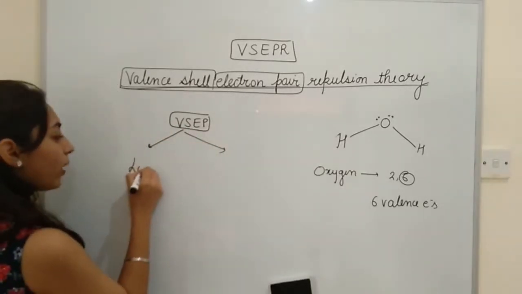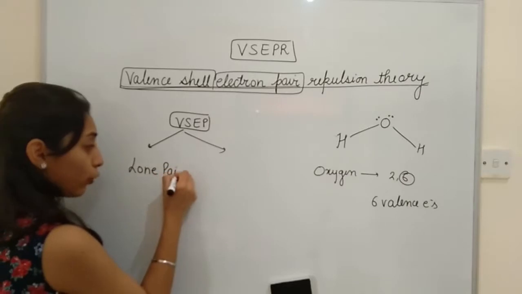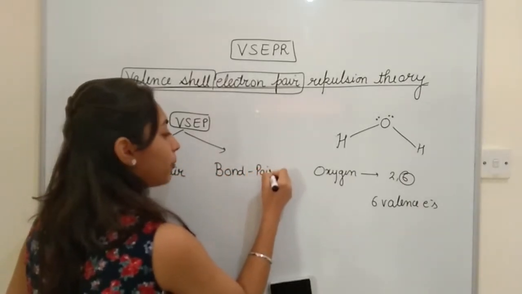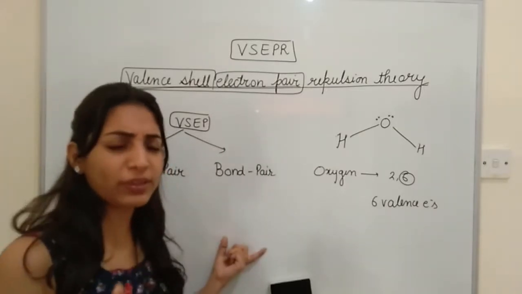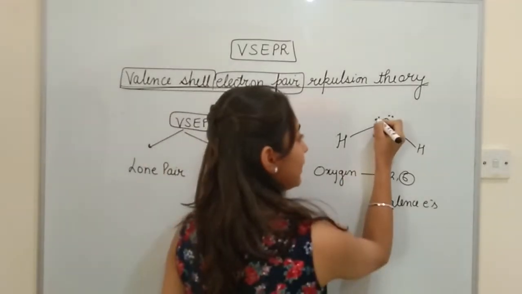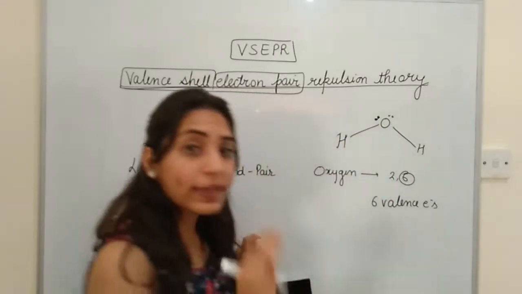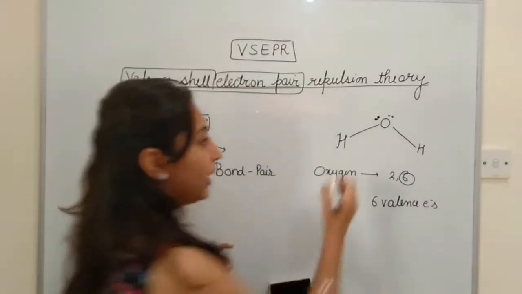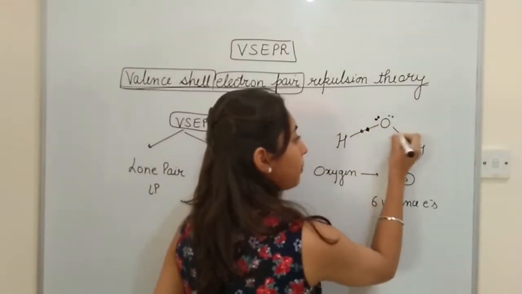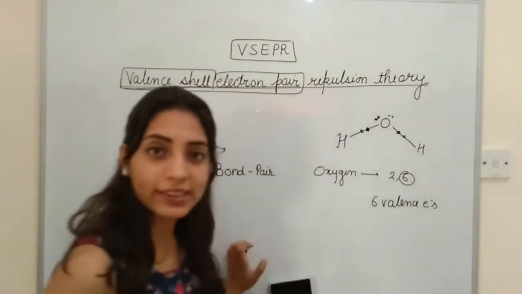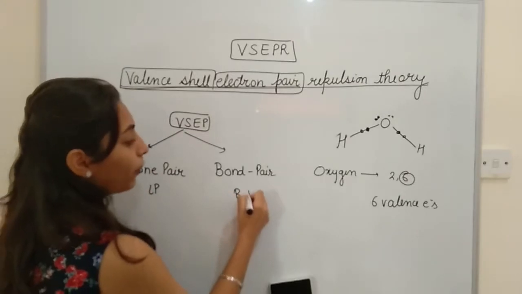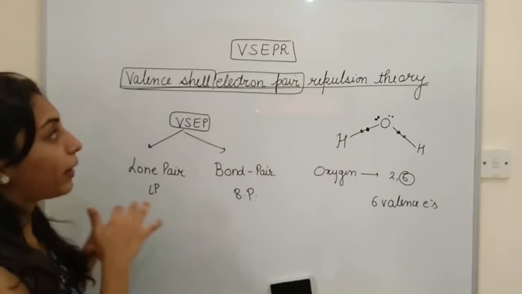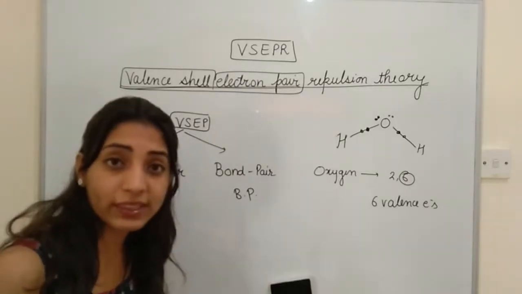Either these are known as lone pairs of electrons, or these are known as bond pairs of electrons. I told you while doing the Lewis dot theory also that the two electrons not taking part in bond formation are the lone pair of electrons. And the ones which have taken part in the bond formation are the bond pair of electrons.